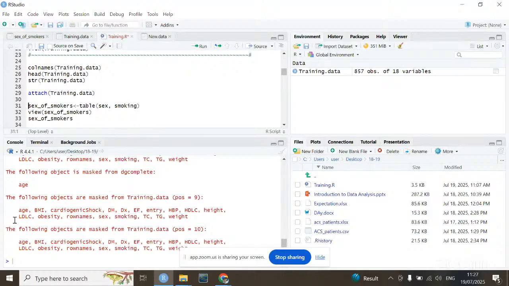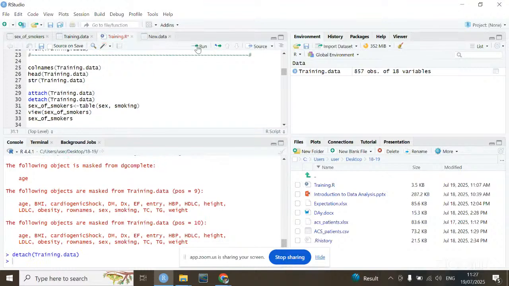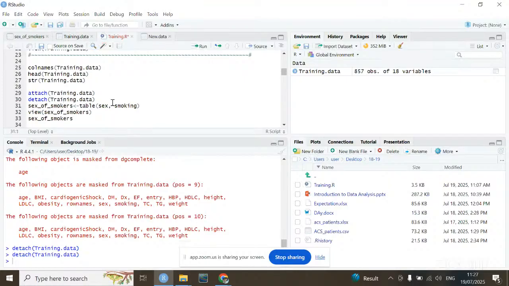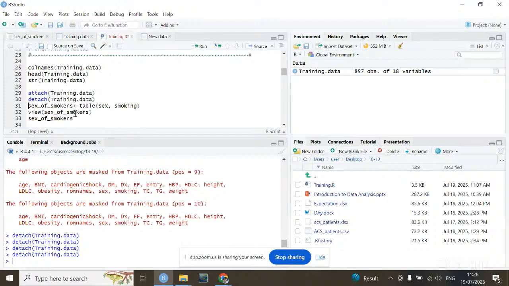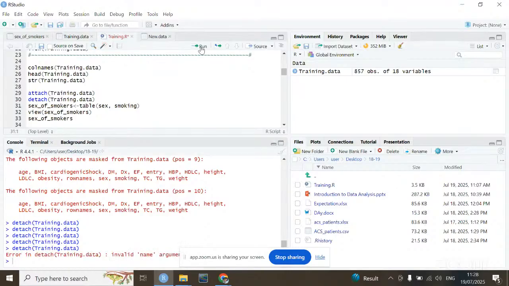This one is showing that the following objects were masked from the data. This means that I already attached the data some time back. If I didn't want this to show, I would have detached the data. I'll have to detach until I see an error.